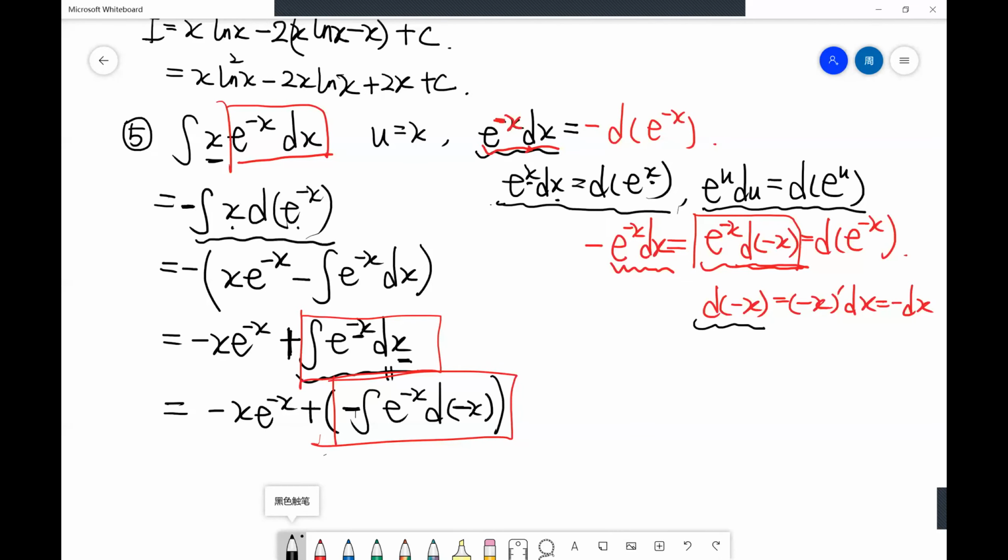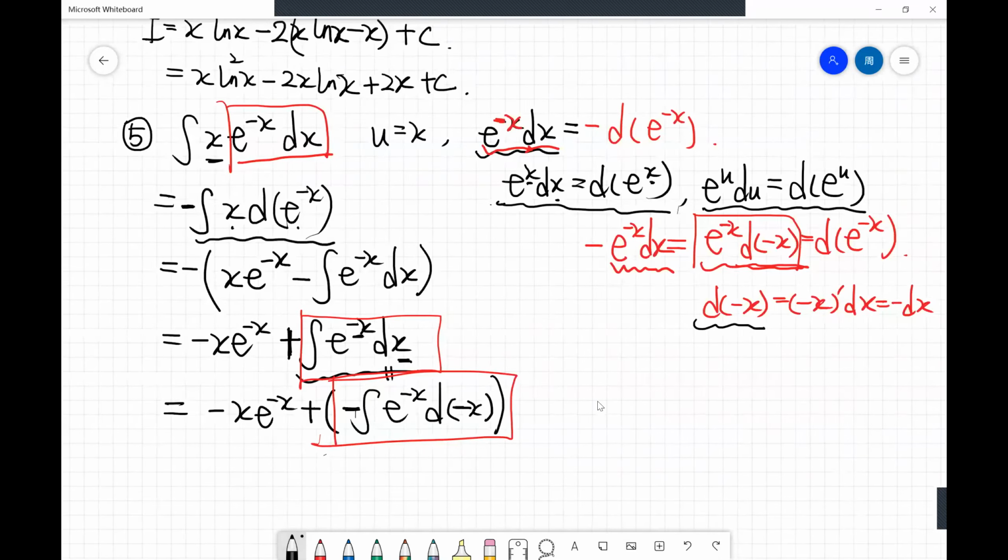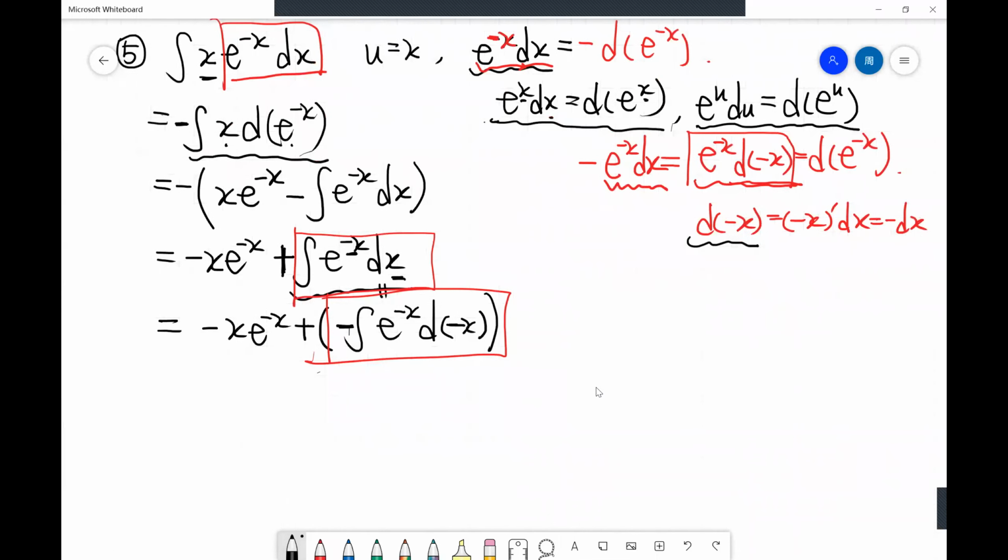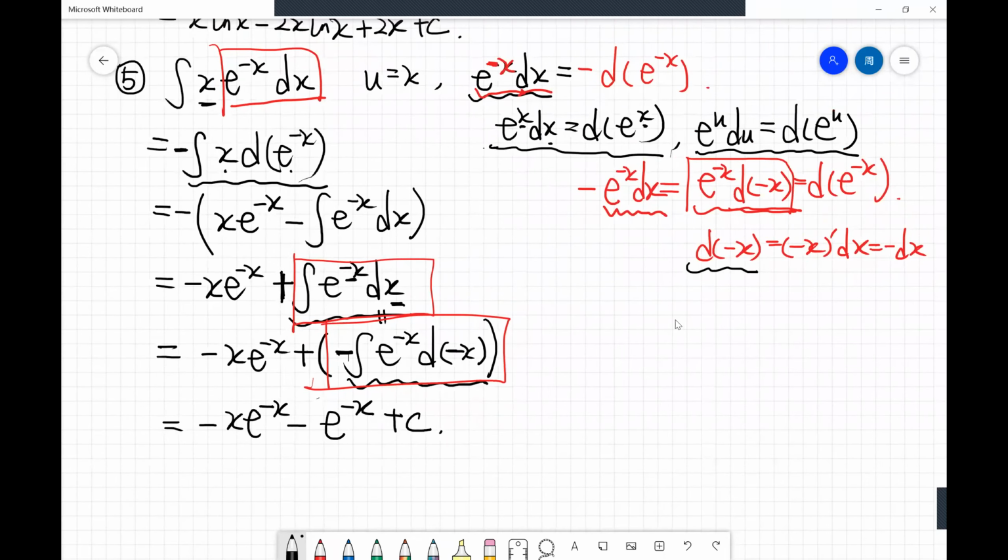So here we have changed it to this type, and that equals minus x e power minus x, and then minus right here, and we can use the formula that is e power minus x, and then don't forget to plus c here. So here is the solution for number 5.